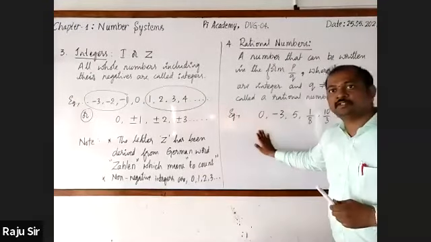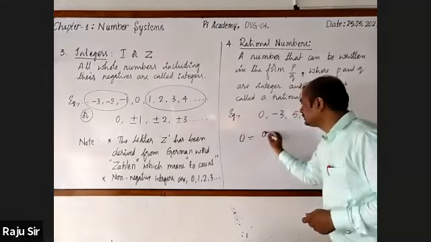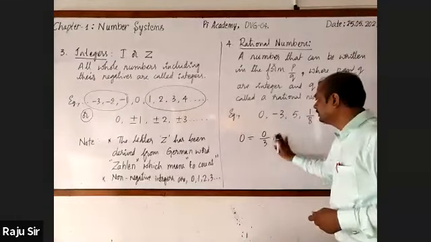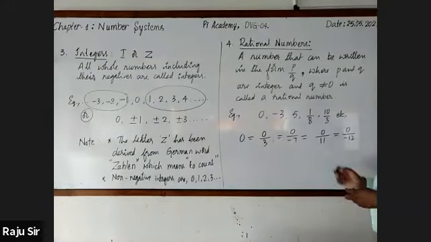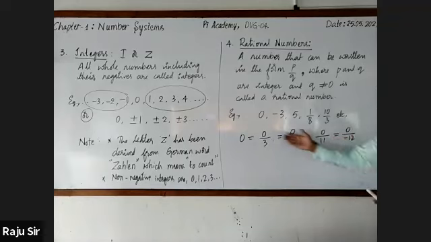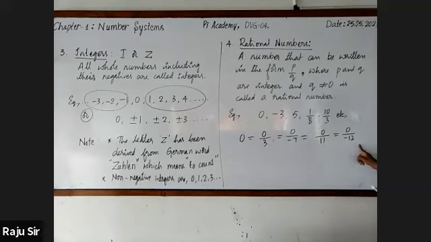0 is a right example because 0 can be written as 0 by 1, 0 by 3, 0 by minus 11, 0 by minus 12, and so on. All these are written in the form P by Q, where P and Q are integers and Q is not equal to 0.